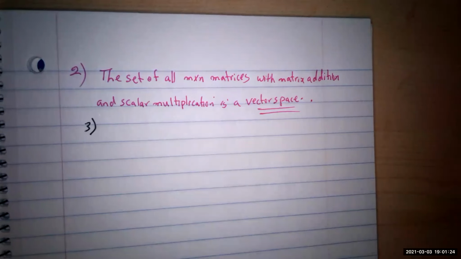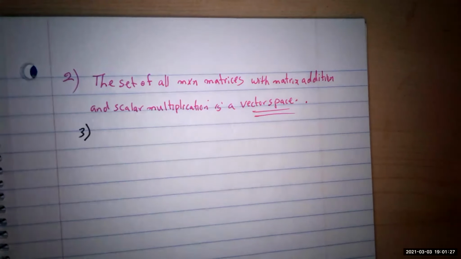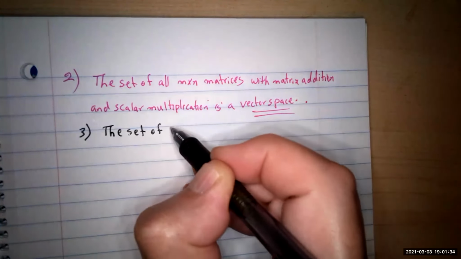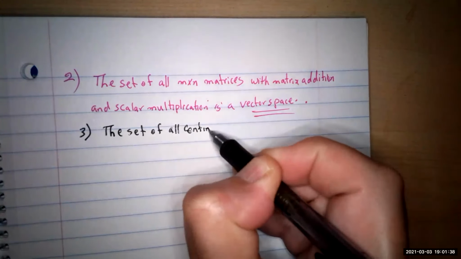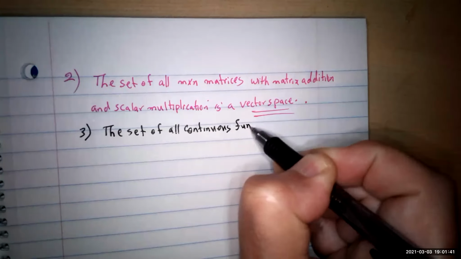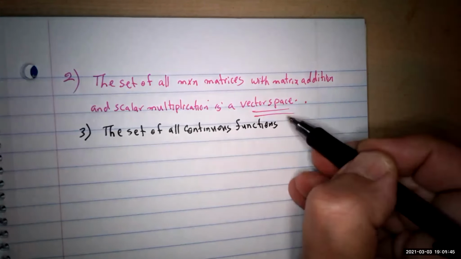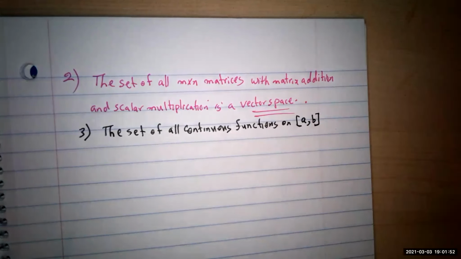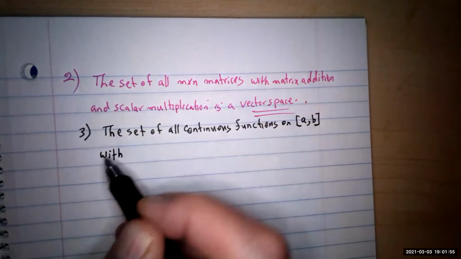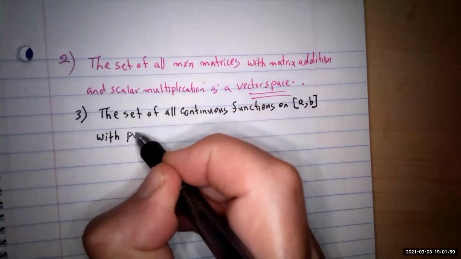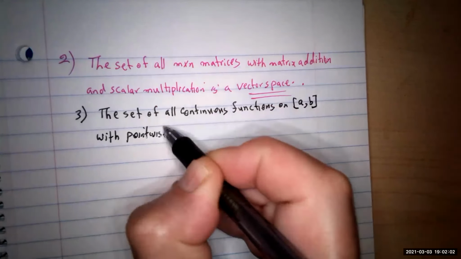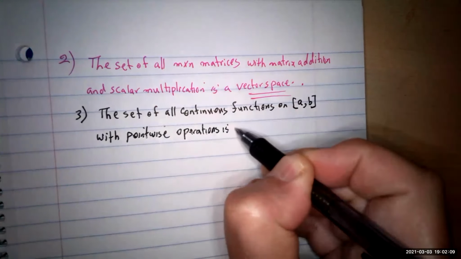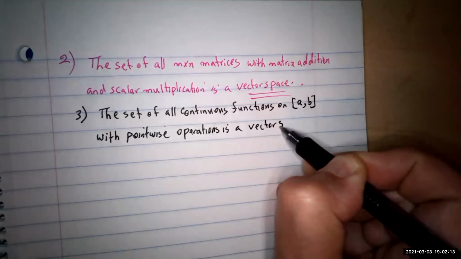In calculus, how about the set of all continuous functions, let's say on the closed interval [a, b], with the usual addition of functions, which we call pointwise operations. It is a vector space.